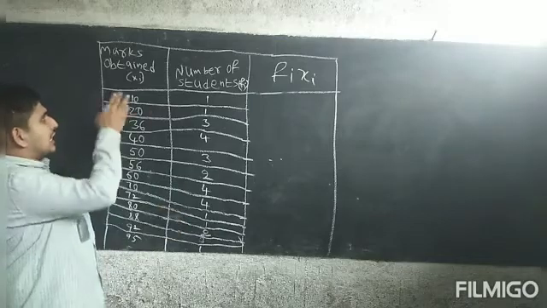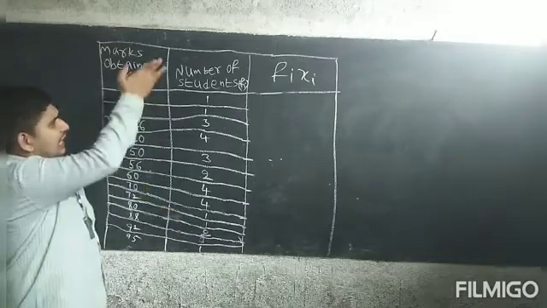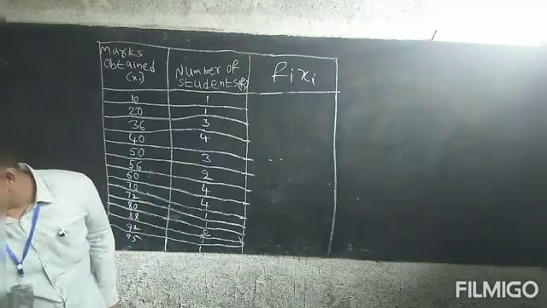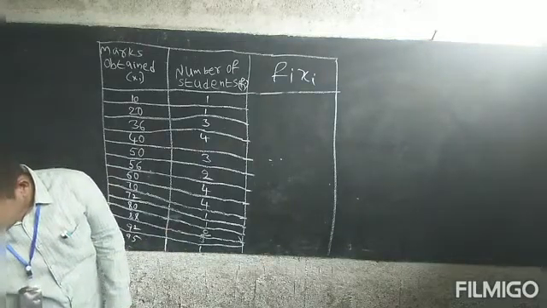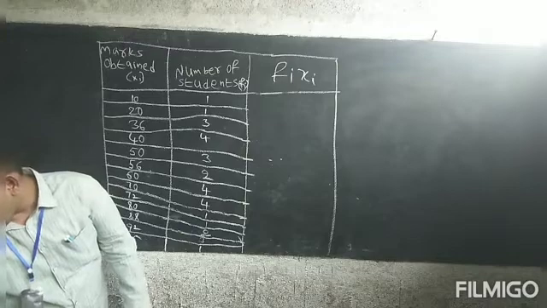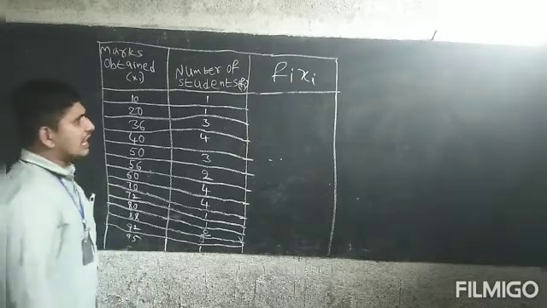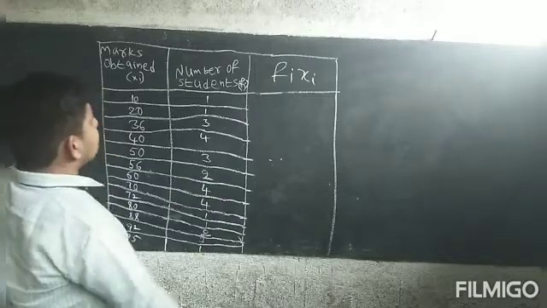So these are the x values, these are the fi values. Now first of all, let us count the number of frequencies, the number of students. That is nothing but sigma fi.